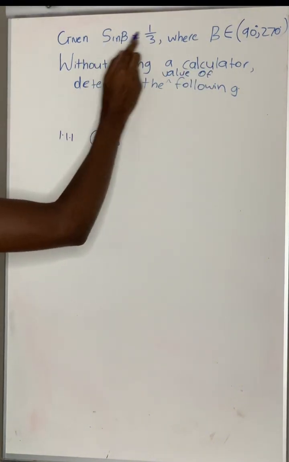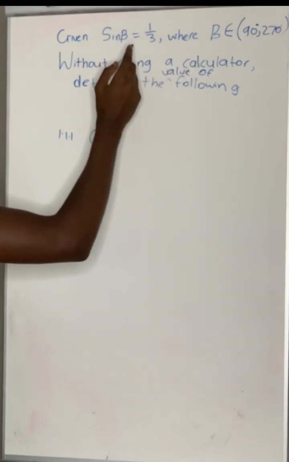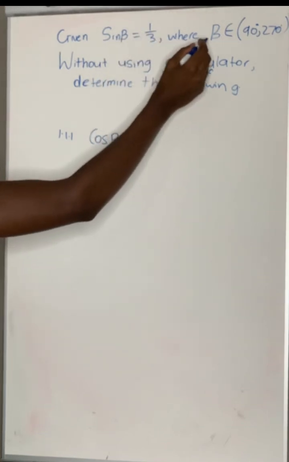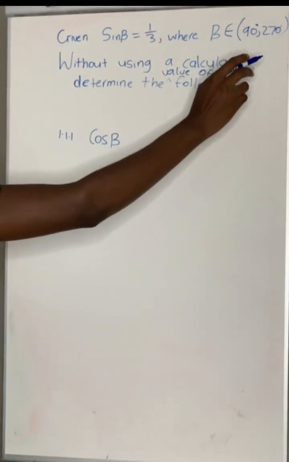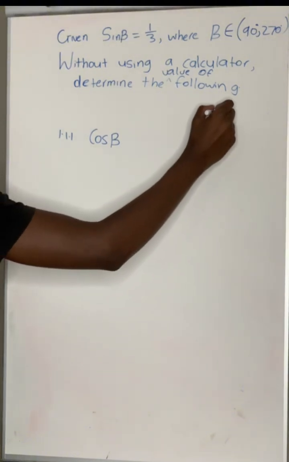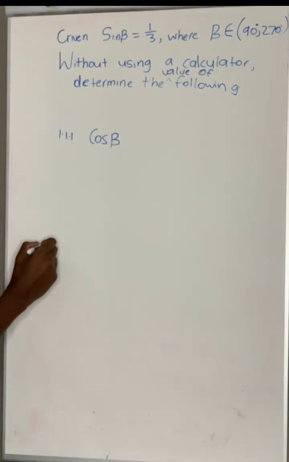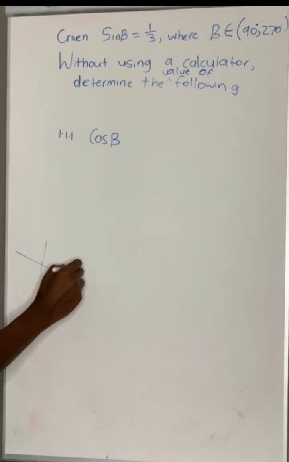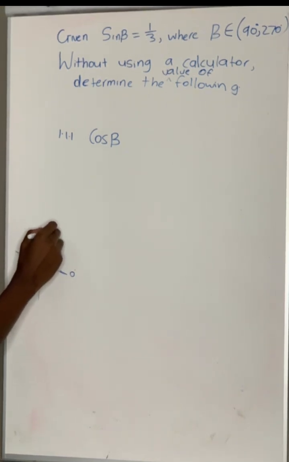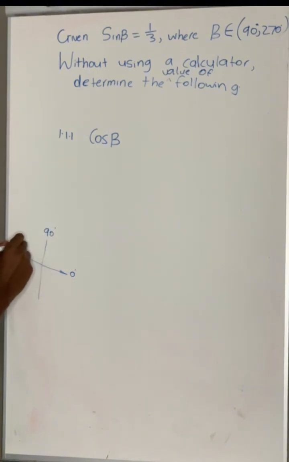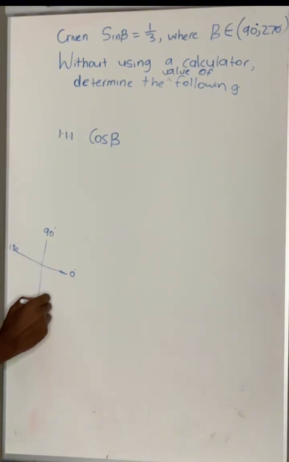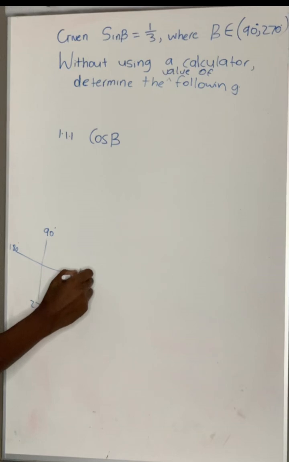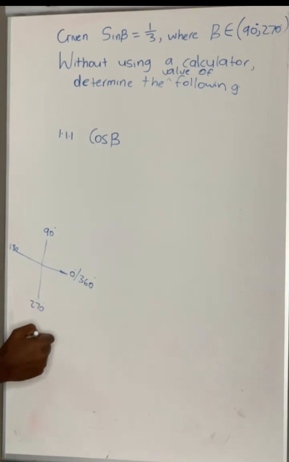Now, this information is very important. We're told that sine beta is 1 over 3, beta is an element of 90 and 270. Alright, so we have something which we call our Cartesian plane. I'll just draw it over here. So our Cartesian plane goes from 0 degrees to 90 degrees to 180 degrees to 270 degrees and then back to 360 degrees.